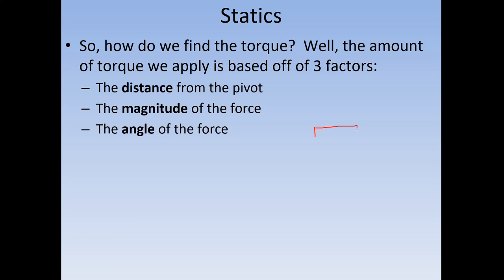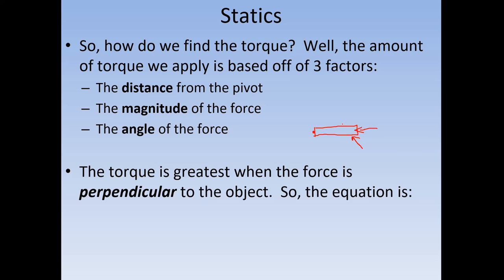So if this is your door, this is the door hinge. If you push on it like this, you get no rotation. This is impossible to rotate. You need at least a force that goes into the side, at some angle, in order for us to get rotation.